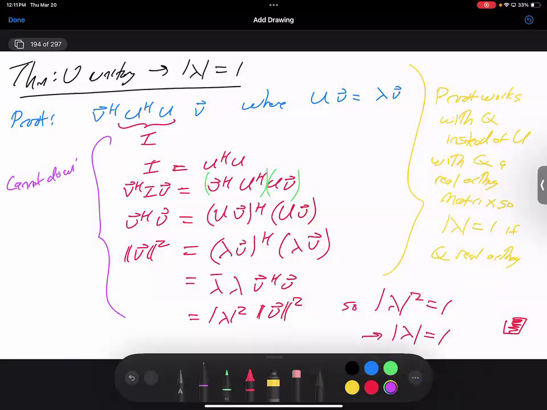Do it with transpose and real orthogonal in place of Hermitian and complex unitary, sorry. What goes wrong? Why can't I just replace U with Q, H with T?